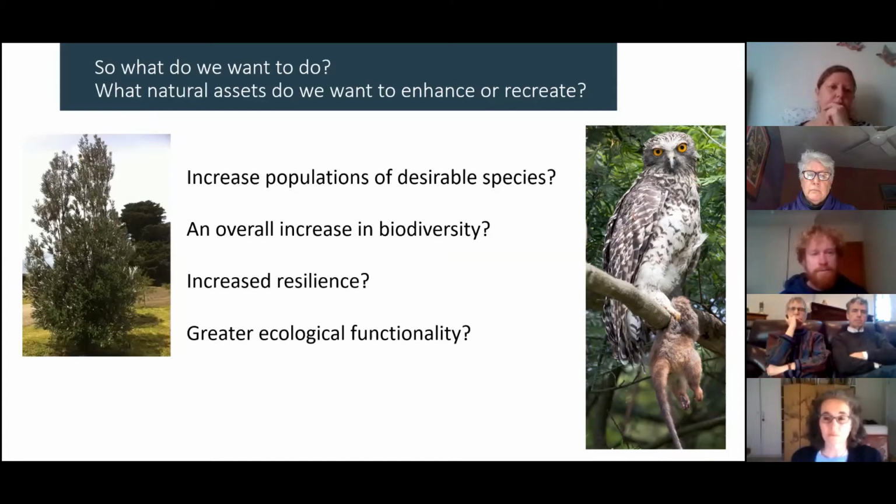Also, aside from biodiversity and species, there is increasing resilience, and this is becoming more and more important as we've got a lot of pressure from increasing populations and also climate change. How can we create a more resilient environment for all the traffic that is coming through our parks at the moment?